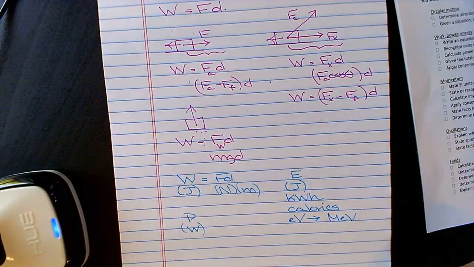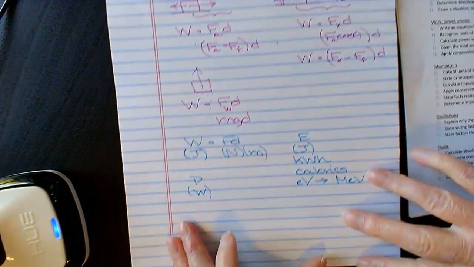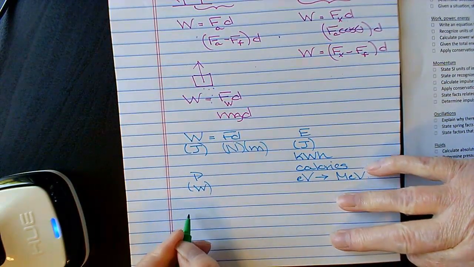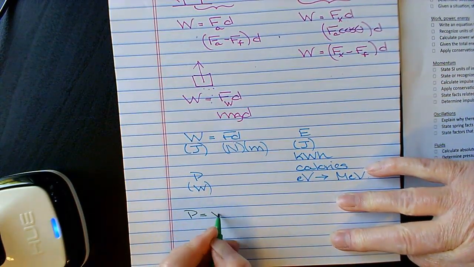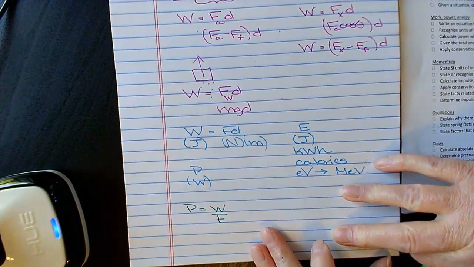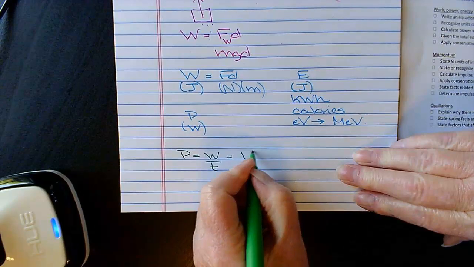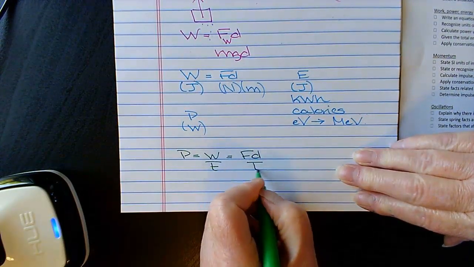All right, calculate the power when lifting something. So if I wanted to calculate power, power is equal to work over time. And the work that I have done would be FD over time.